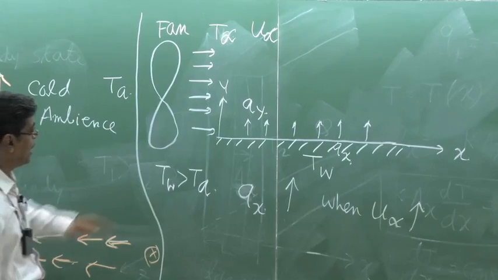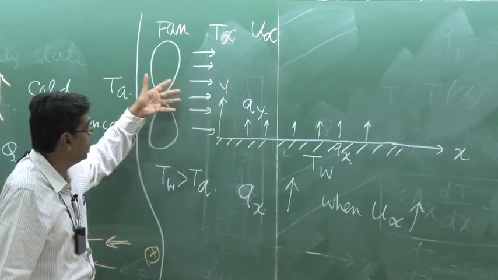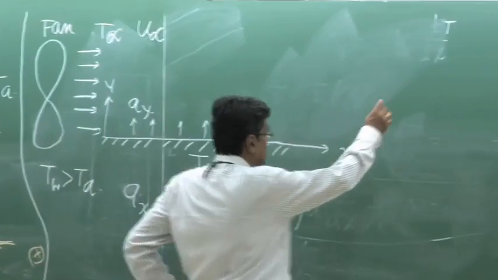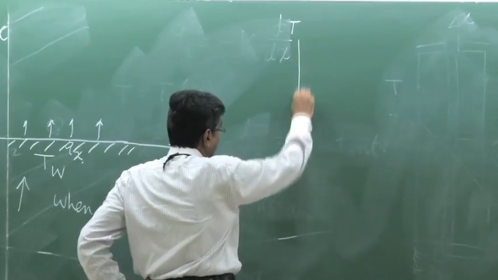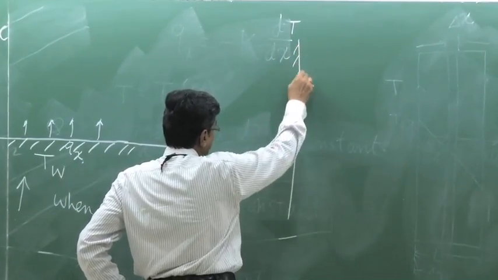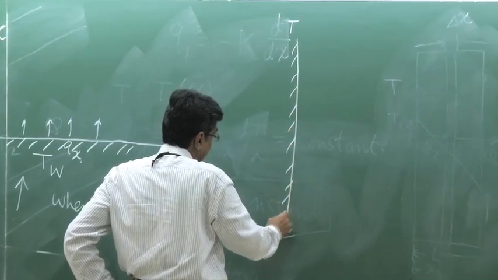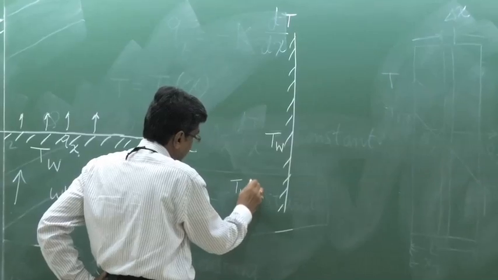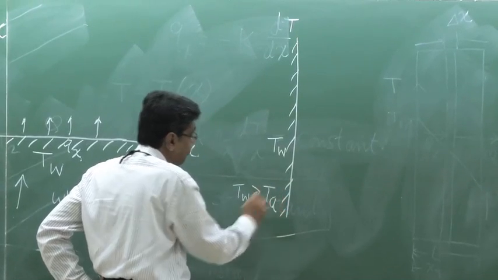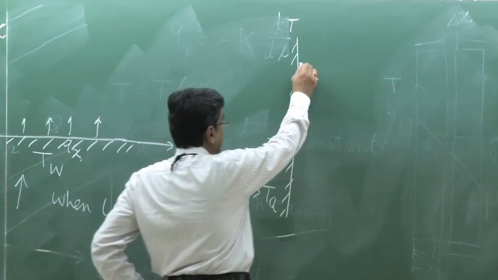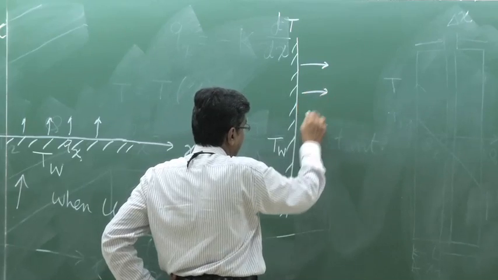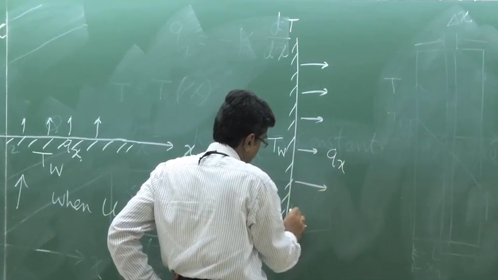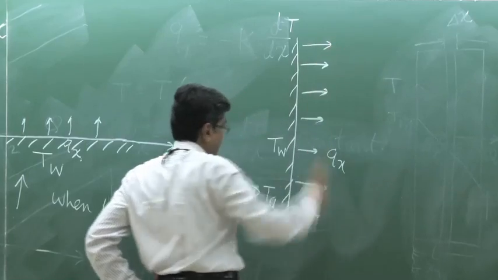So that means the rate of heat transfer from the plate to the fluid is being influenced by the flow of fluid. Similar is the case when we have a vertical plate, that I have told earlier, at some temperature Tw, where Tw is greater than Ta, the heat is transferred by convection in this direction. Here it is Qx if we write the heat flux.